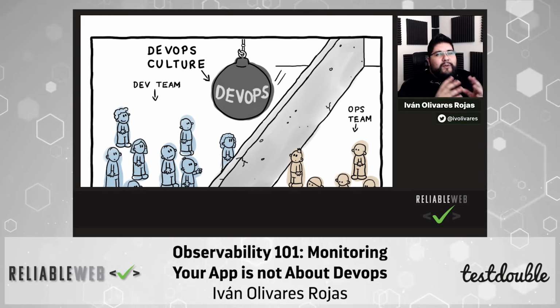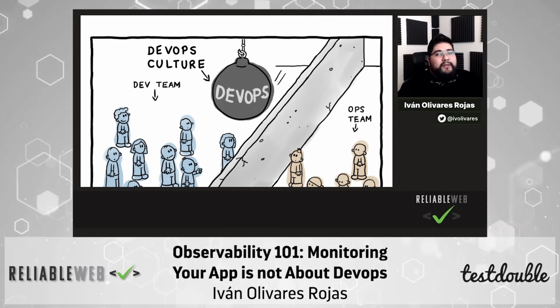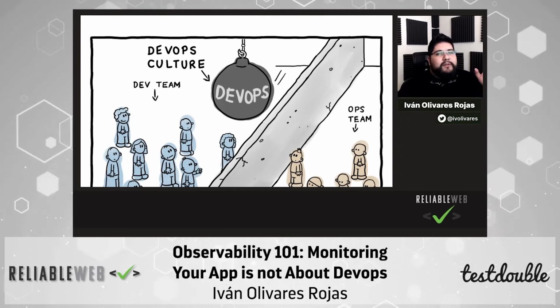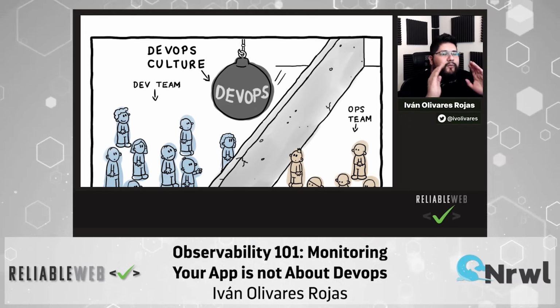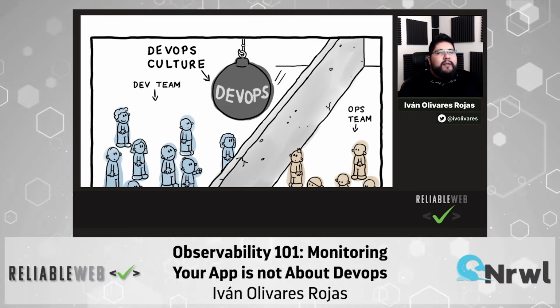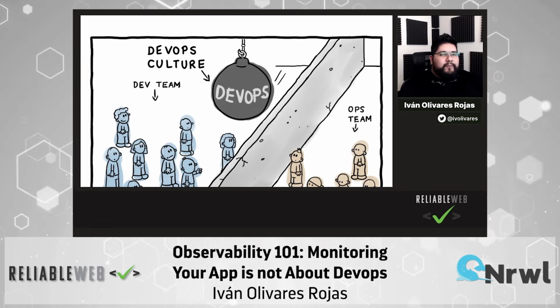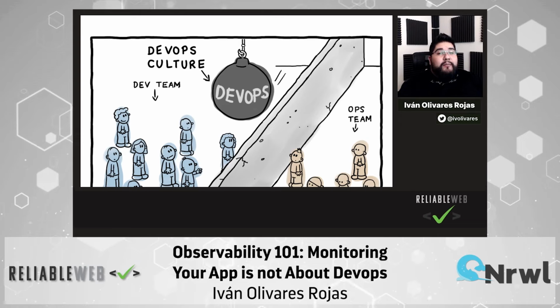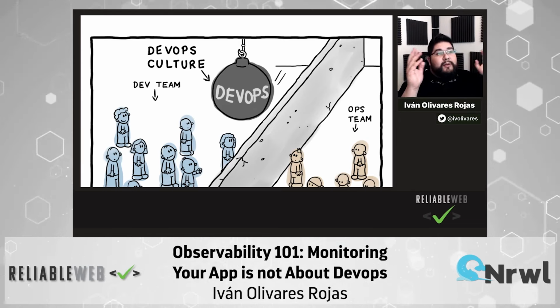So on one side, we have developers pushing new features, and on the other side, operations saying, don't push new features. No matter what kind of organization we run, that is the origin of many problems we have today. And one of them is people believing monitoring the app is not my problem.